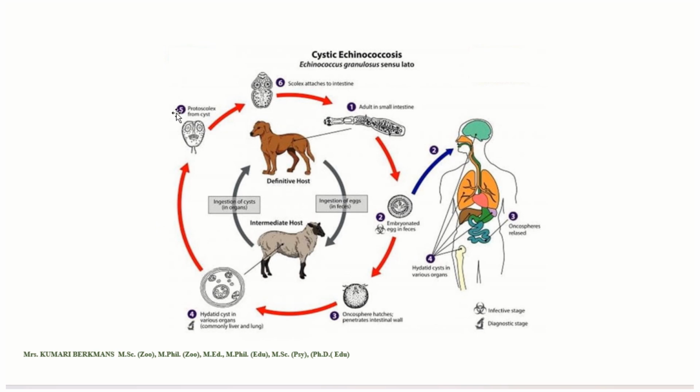So this life cycle goes on. It forms a cyst. Bacteria as well as fungi and other microorganisms form cysts. This cyst is very hard and resistant to the temperature. So it easily develops from the primary or definitive host to the intermediate host.